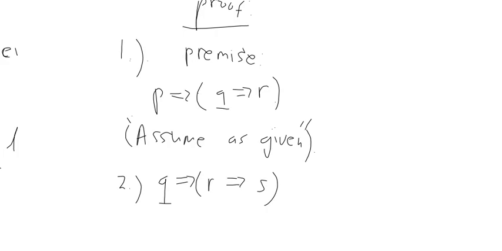Again, put assume as given, because we said in our proof strategy that we assume the premises are what they are. So this has to be axiomatic. Okay, so the first two are good.